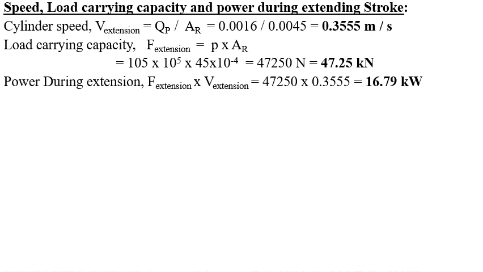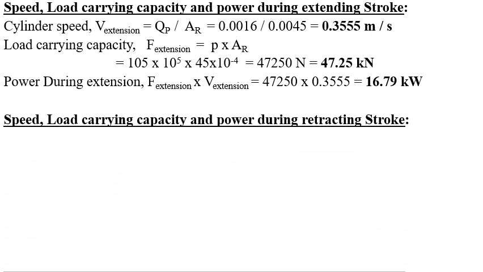Simplify this, we will get 16.79 kilowatt. Speed, load carrying capacity and power during extending stroke is 0.3555 meter per second, 47.25 kilonewton and 16.79 kilowatt respectively.